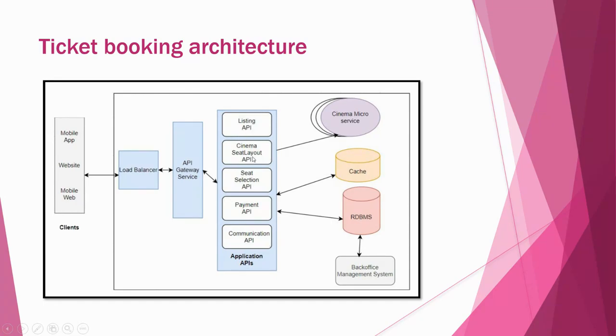It is a different kind of applications. See, listing API is there, cinema seat layout API is there, seat selection API is there, payment API is there, communication API is there. So all these applications will be hosted on different servers. Got it?